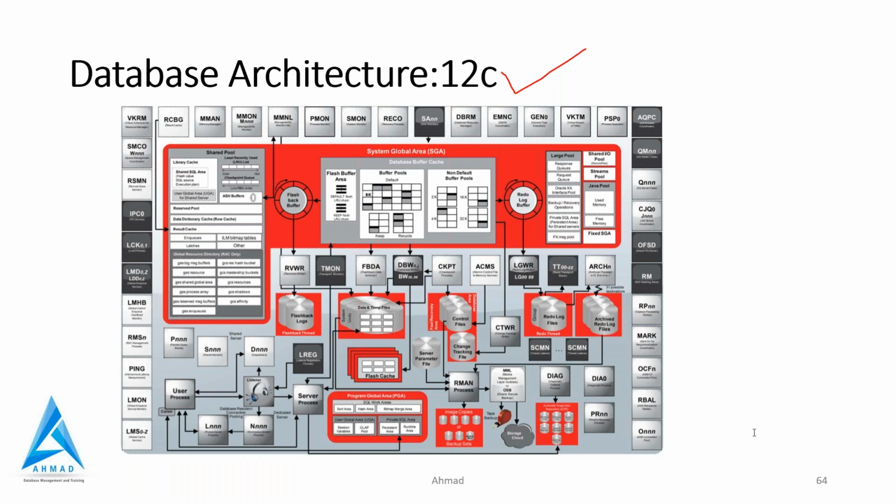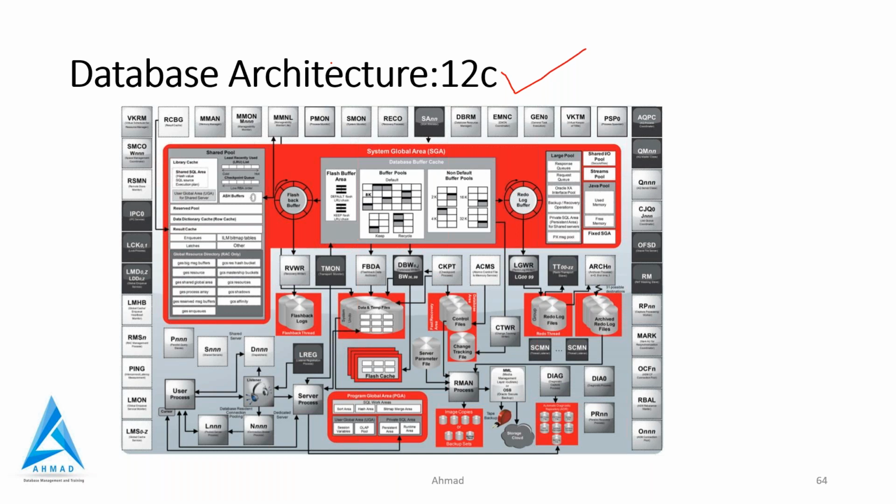So when 12c launched, anyone can tell me? 2013. Okay, perfect. And 12.2 launched in 2017, right? Because 12.2.0.2 launched in 2018 and 12.2.0.3 launched in 2019. So from 18 they changed the naming convention. So I hope you know that.